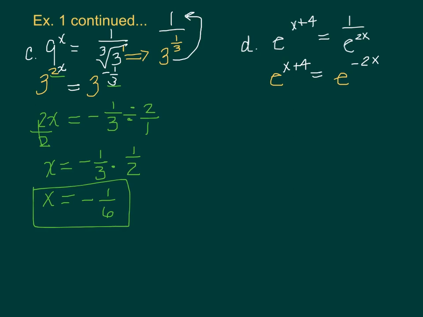Then you equate your exponents and you solve for x. So I'm going to add the 2x over and subtract the 4. So x is equal to -4/3.